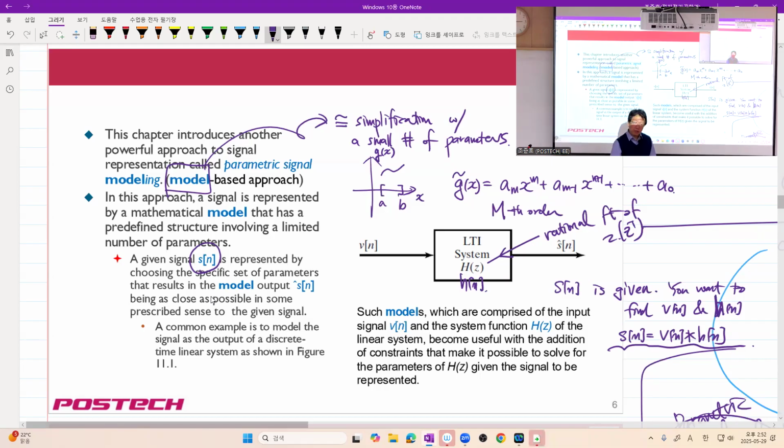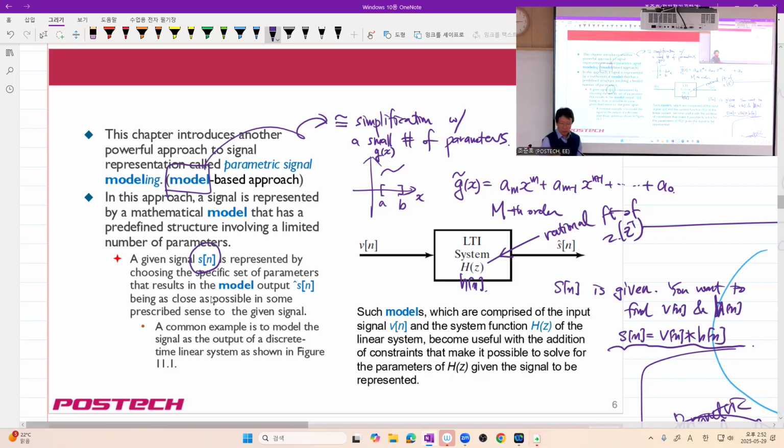The simplest approach would be to simplify V of n, the input, as delta of n. Then this is approximated as what? A discrete time signal whose z transform is a rational function. That would be a way, but still that's not the general practice.